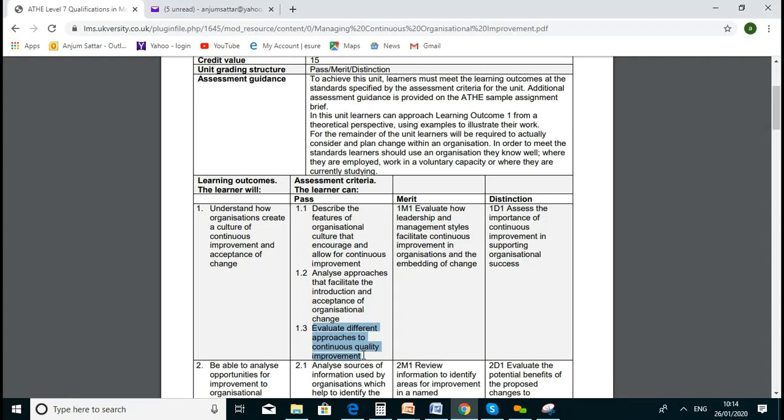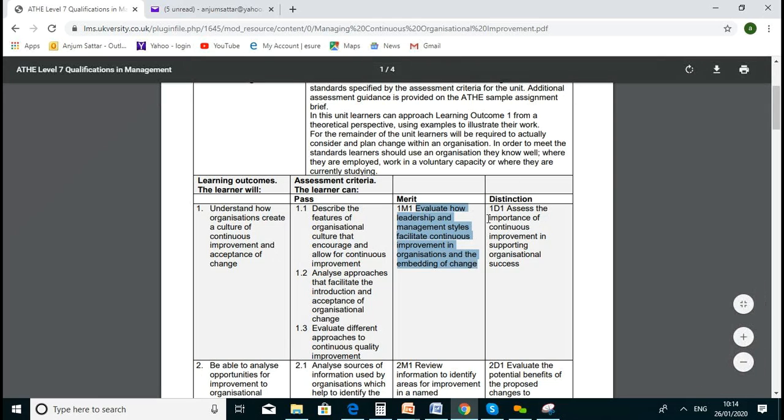We'll go through quality as well, and discuss what is meant by quality itself. Evaluate how leadership style can embed the change, and different leadership styles. A couple of you may have learned in other modules about leadership styles: democratic, autocratic, free rein. We'll go through these in our discussion as well.